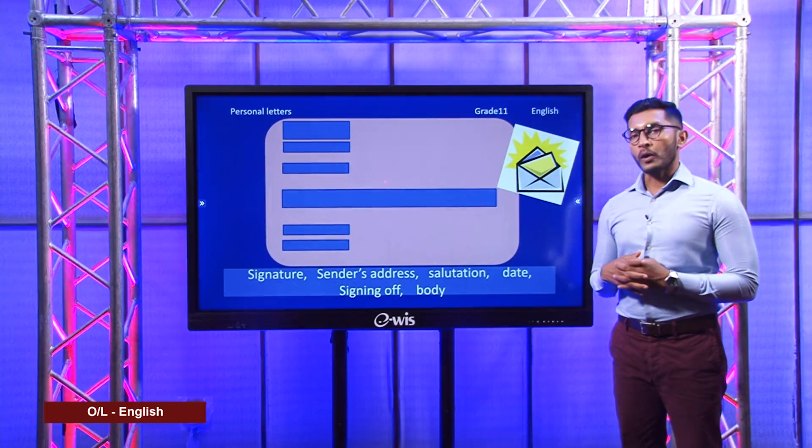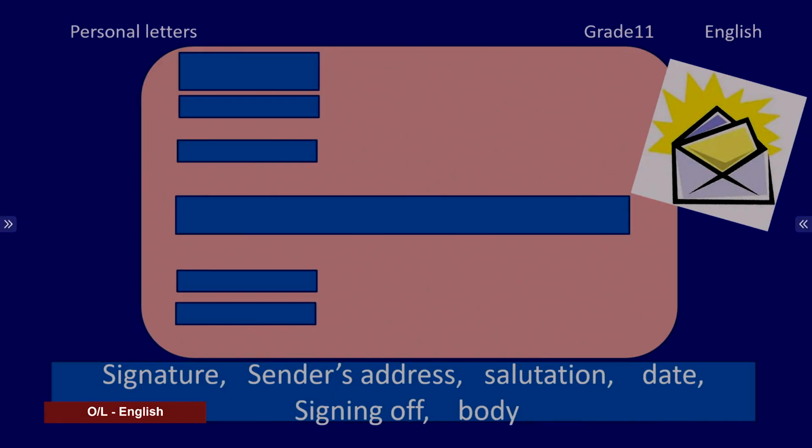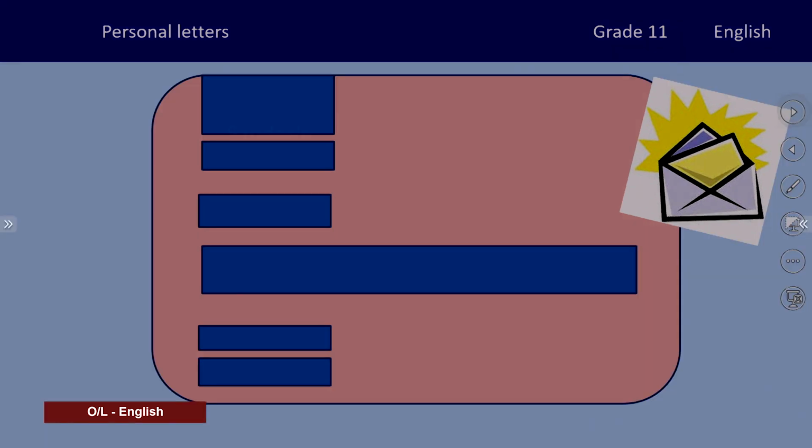Look at the first box on the top, the big one. What is it? There we write the address of the sender or sender's address. Now take a minute and try to label the other parts of the letter. Hope you have already labeled them. Let's see what it is. Yes, sender's address, and right after the sender's address, you write the date.